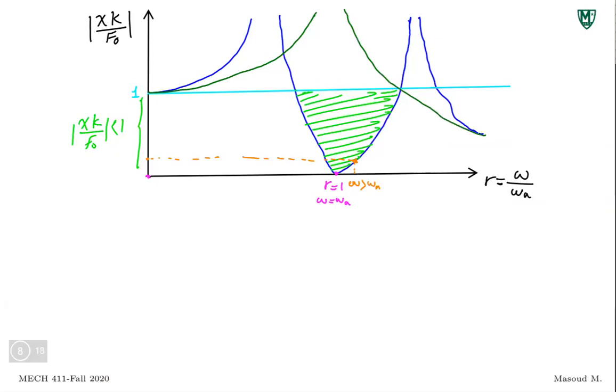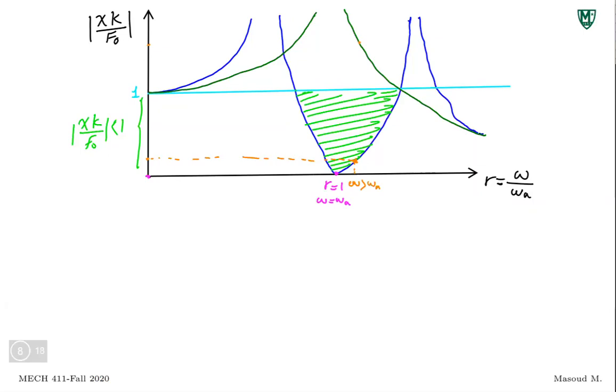If I didn't have this absorber, I would have been here, meaning that my xk over F naught would have been greater than 1.